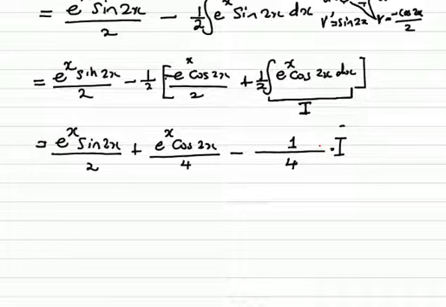So now at this stage we've got I on the right hand side of the equation and the I on the left hand side.